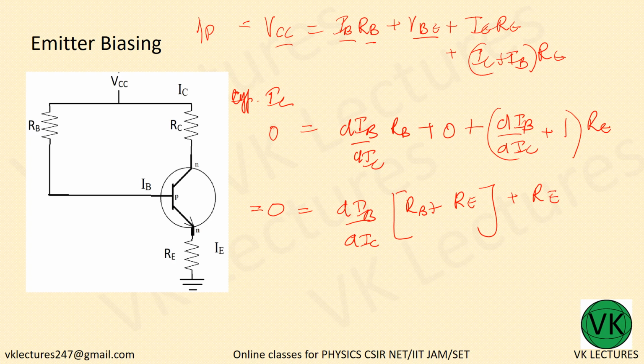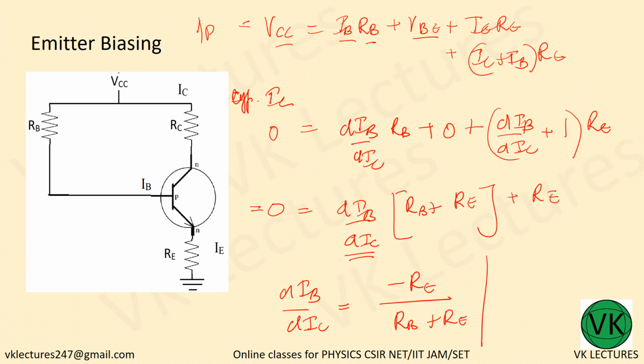I hope you are getting it. So this particular quantity DIB by DIC is equal to minus RE divided by RB plus RE.